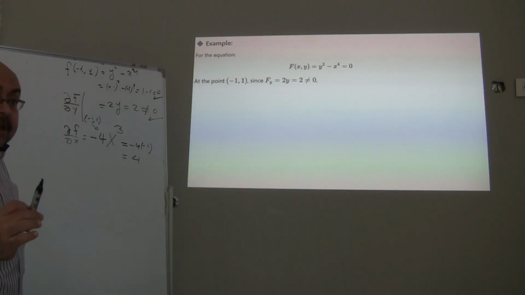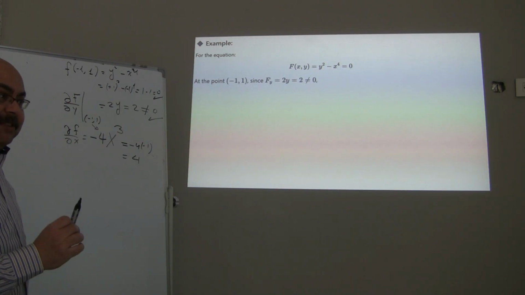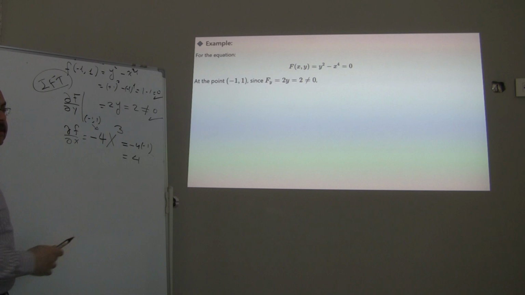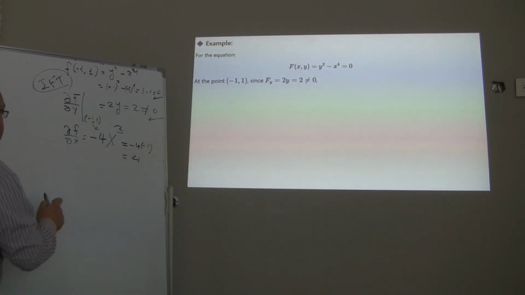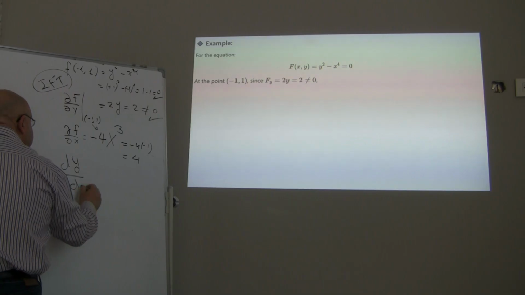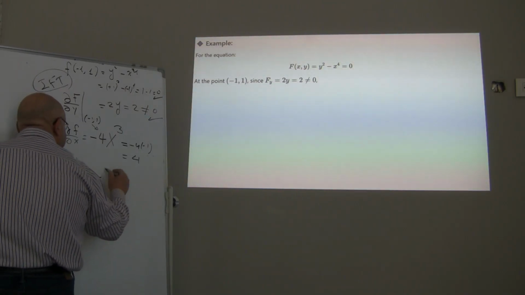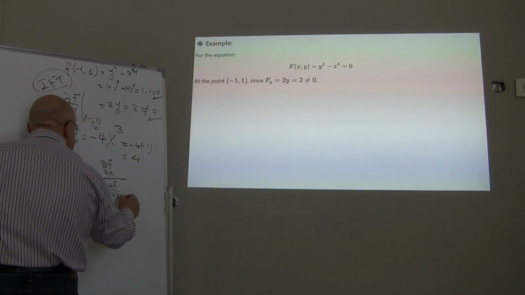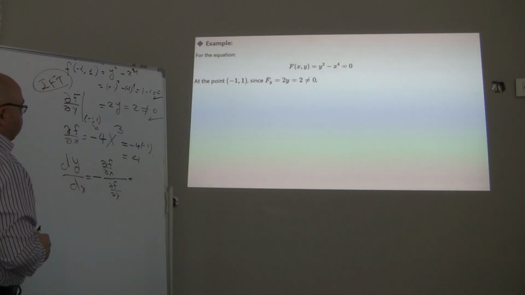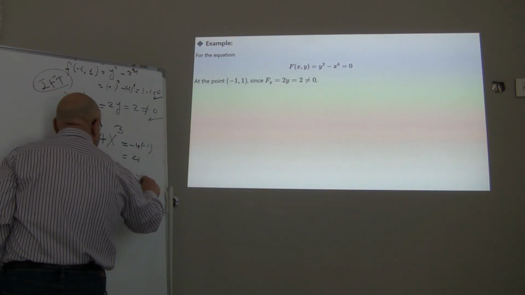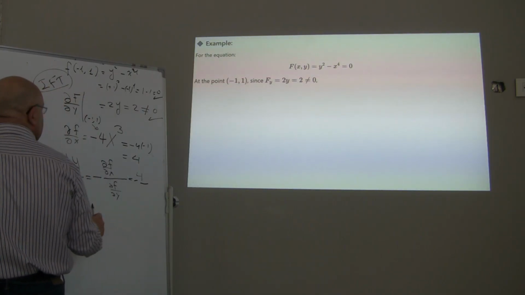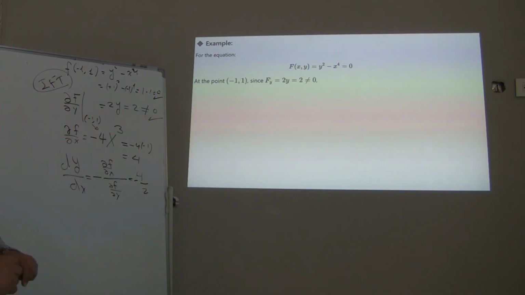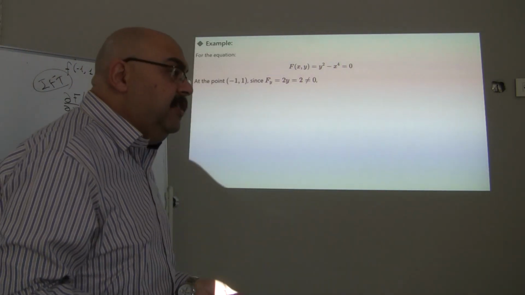Now I can get the derivative of y with respect to x according to the implicit function theorem, which states dy/dx equals the negative of partial f partial x divided by partial f partial y. Partial f partial x is going to be 4, with the negative sign, and partial f partial y is simply 2. So I can get the value of this derivative directly, even though I don't have this function.